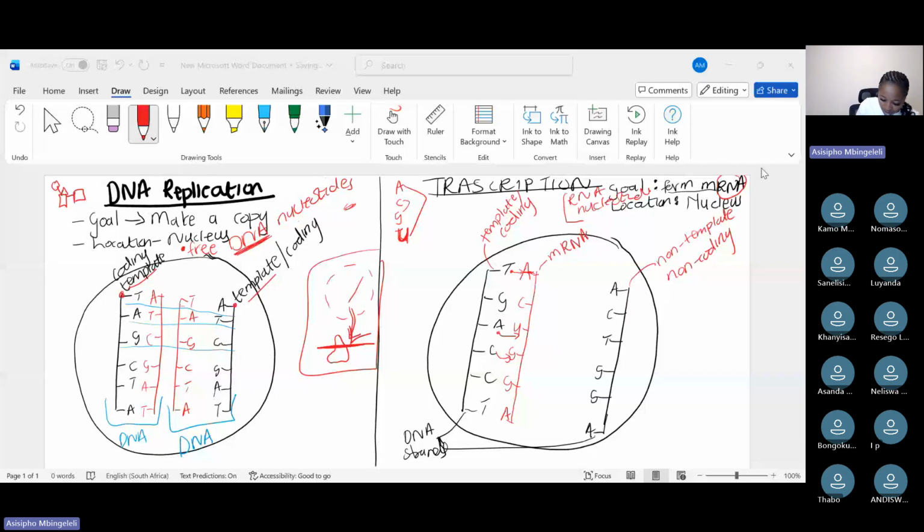Let's say this is the cell because I'm running out of space. This is the cell and this is the nucleus. This is where transcription took place. We had our 2 strands and then our messenger RNA got formed there. It leaves the nucleus and then finds itself in the cytoplasm. It attaches itself to the ribosome.